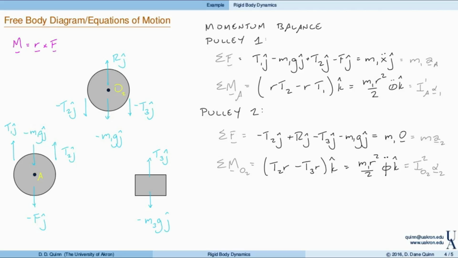Finally, on the block, we have linear momentum balance as the sum of the forces. And this is simply T3 in the j direction minus m3 g in the j direction is equal to m3 y double dot in the j direction. So again, the sum of the forces is mass times acceleration.